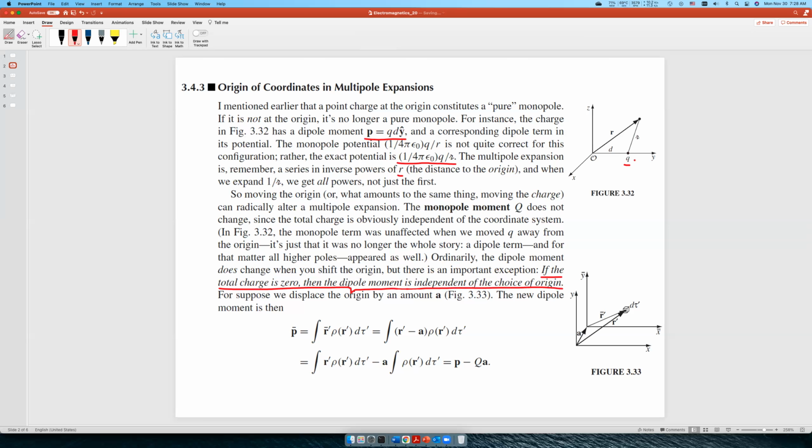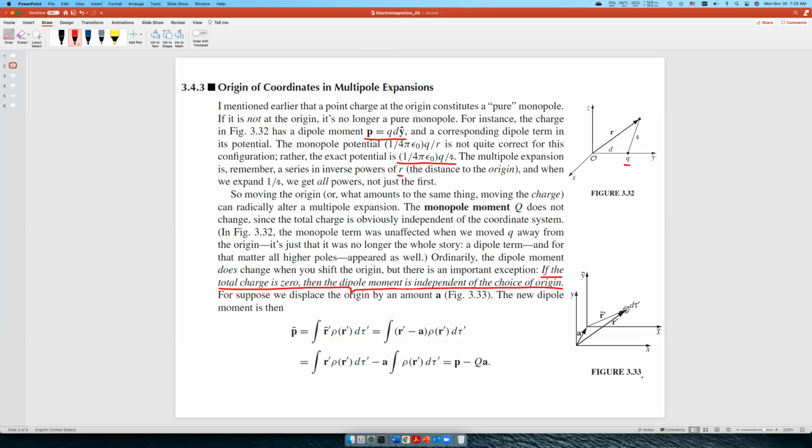So here, for the single charge Q, when we shift the origin, we see the expansion changes. It's simply because the total charge is non-zero, because it's a single charge Q. So let's see a case where the total charge is 0.